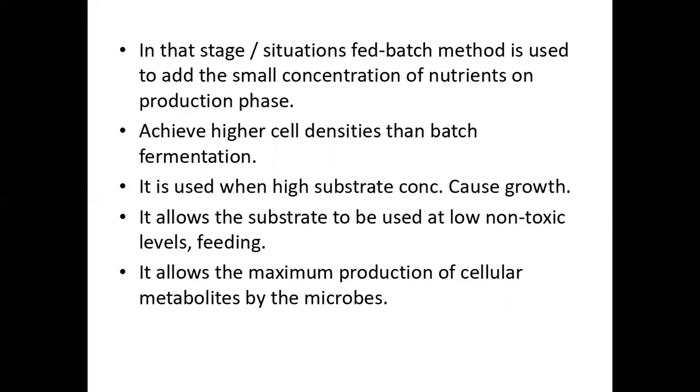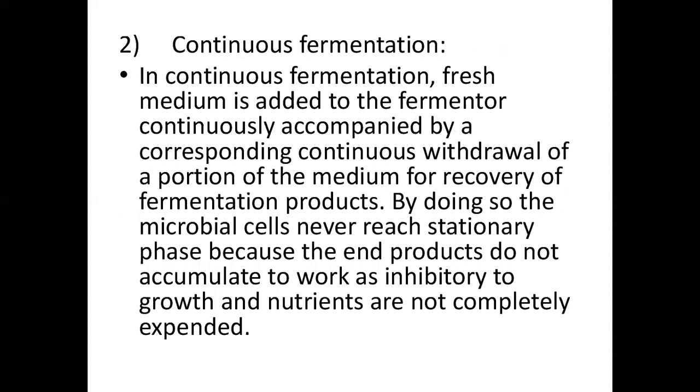So in such cases, this fed batch method will be beneficial. It allows the substrate to be used at low non-toxic levels by feeding. So the substrate we add to the medium will be added in a very low concentration. It allows the maximum production of cellular metabolites by the microbes. Here, most of the metabolite production will be maximum. Next is continuous fermentation.